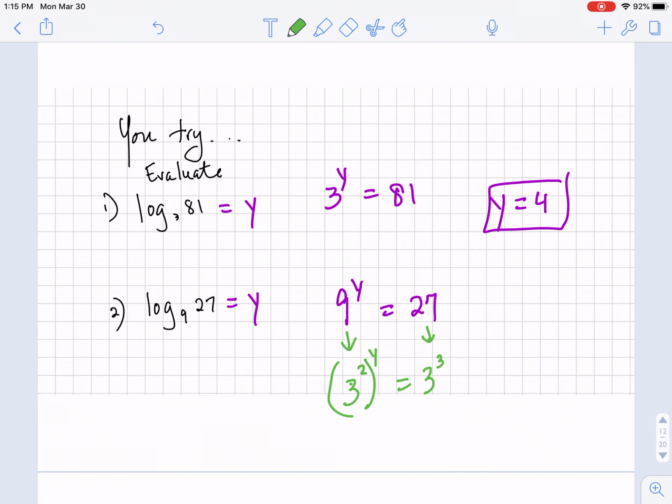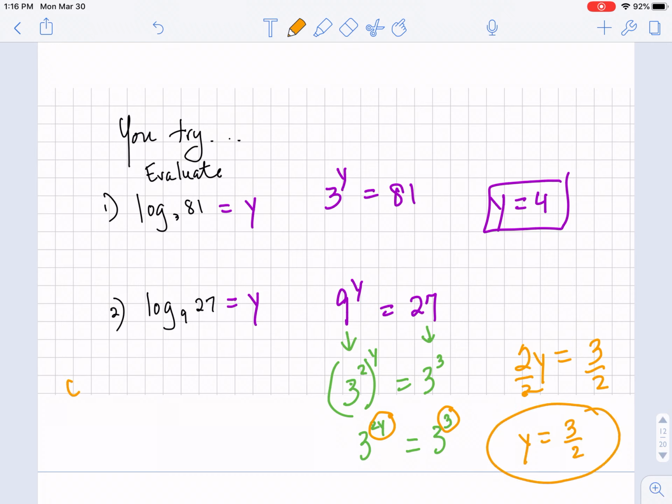Again, I'm going to use that power rule where I multiply the exponents. So it's 3 to the second to the y. I multiply 2 and y and get 3 to the 2y, which is equal to 3 to the third. And now I'm going to take this 2y and set it equal to 3 and solve. Divide by 2, y is equal to 3 over 2.